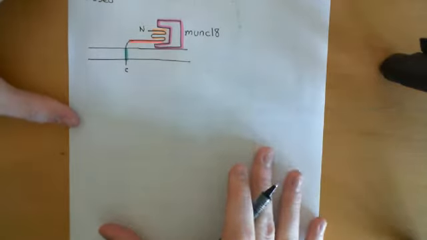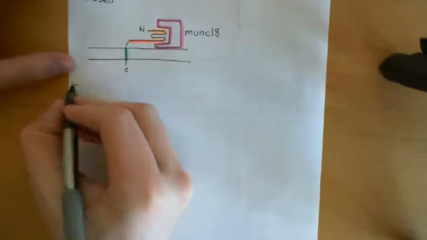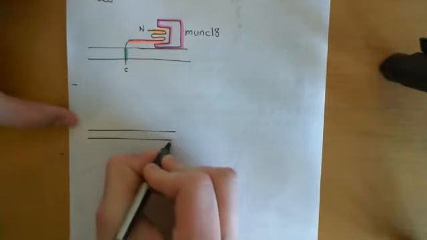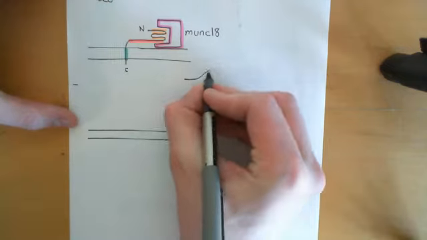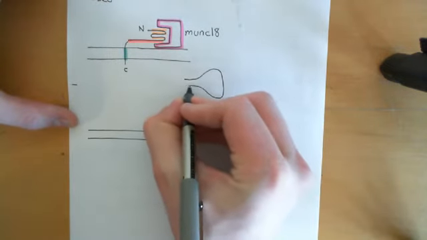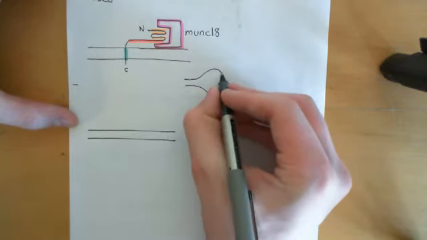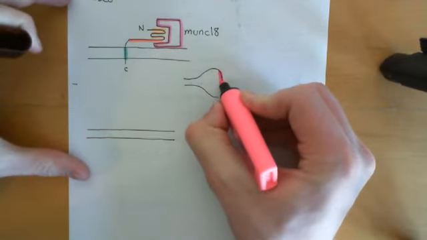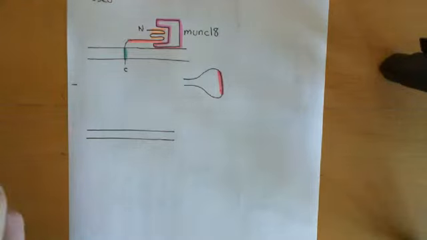Right. So the idea now is that when you get to the active zone, this piece of plasma membrane here is now a portion of the active zone plasma membrane. So if I draw my axon terminal again, it's a portion of this plasma membrane here in purple. This is the active zone plasma membrane, the presynaptic membrane.